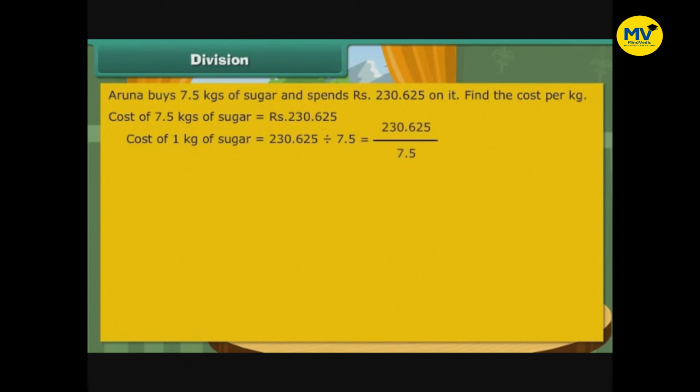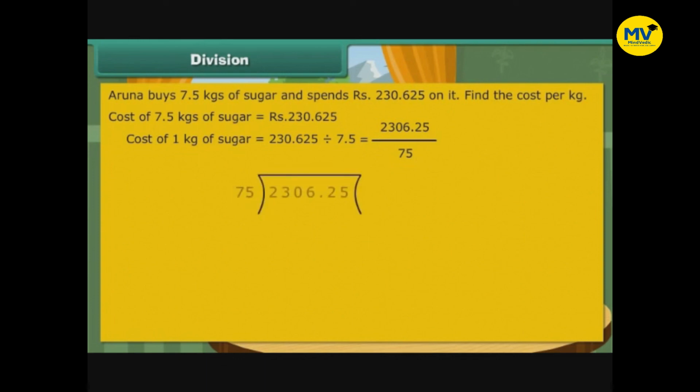To divide 230.625 by 7.5, we first remove the decimal point in the denominator by multiplying the denominator and the numerator by 10. A multiplication by 10 shifts the decimal point to the right by 1.